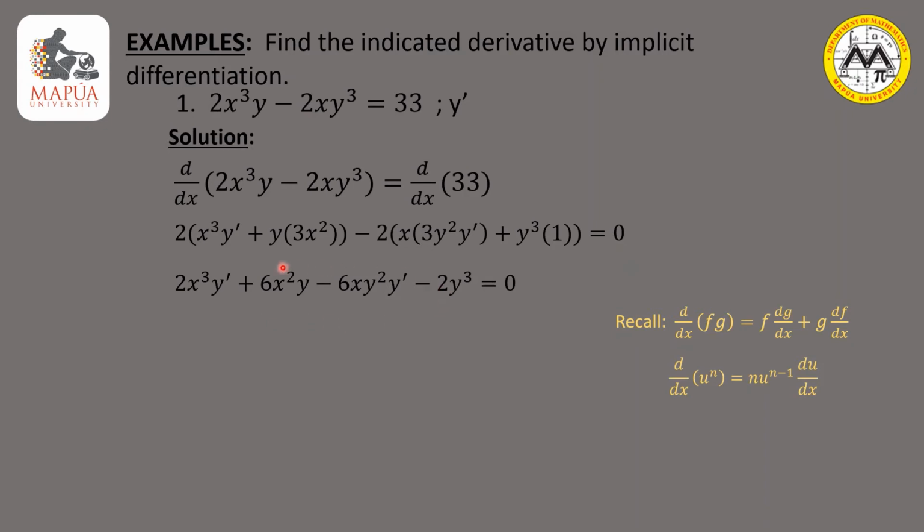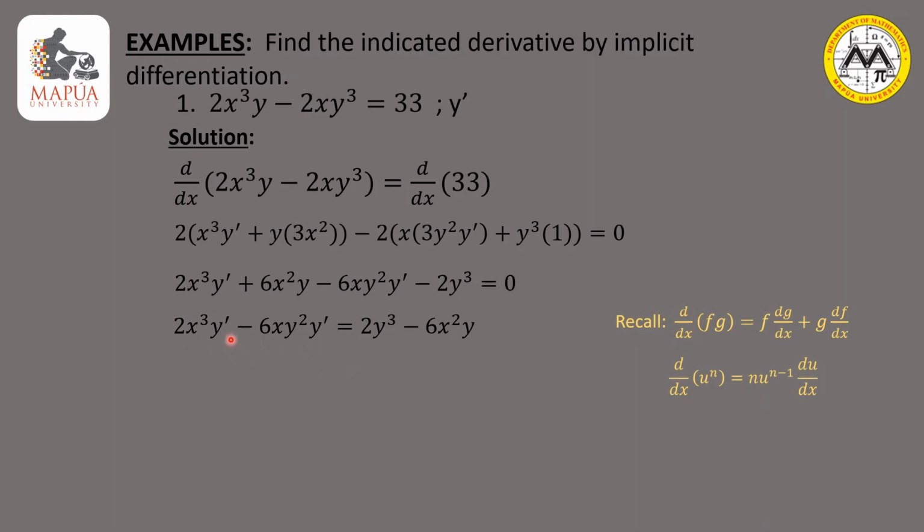And from among these terms, we will be combining the terms with y prime. This will just be the terms 2x cubed y prime minus 6x y squared y prime, equating it to 2y cubed minus 6x squared y.